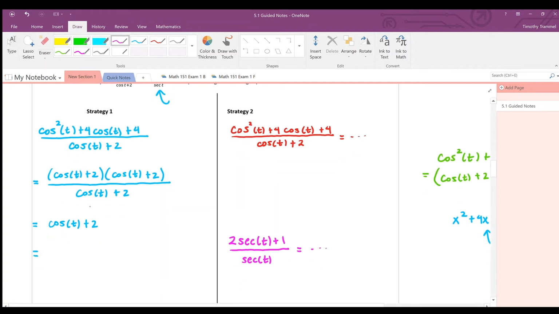What I mean is I noticed that expression that was up above had a secant of t in both the numerator and denominator. So maybe if I just try multiplying the numerator and denominator of what I have by secant of t, maybe that'll get us closer to what we want.